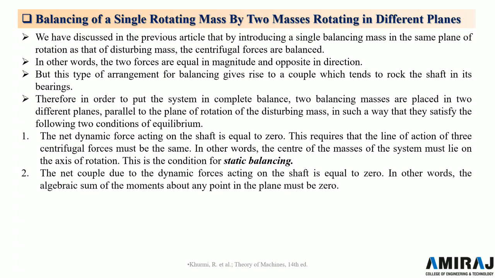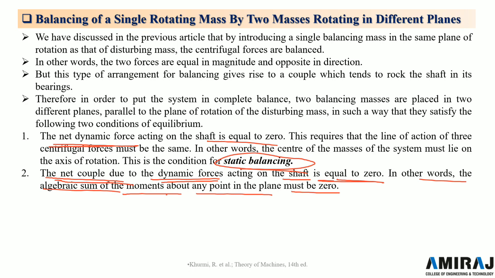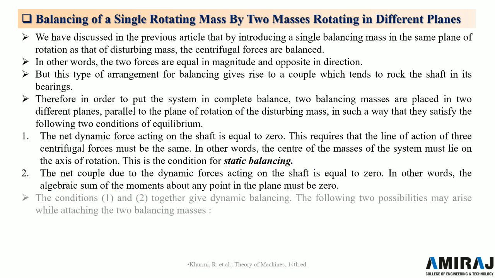The static balancing condition says that the net force acting on the shaft should be equal to 0. The second condition says that the net couple due to dynamic force on the shaft should be equal to 0. In other words, the algebraic sum of moments about any point must be equal to 0.